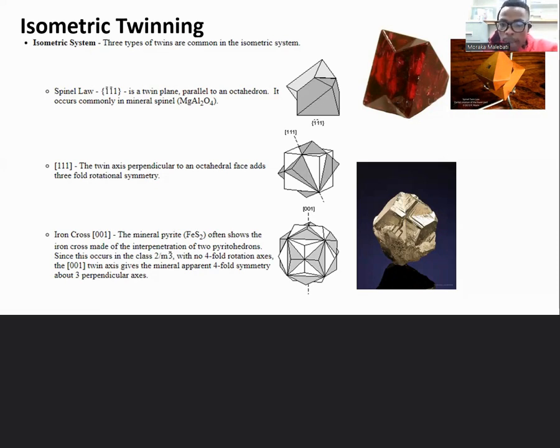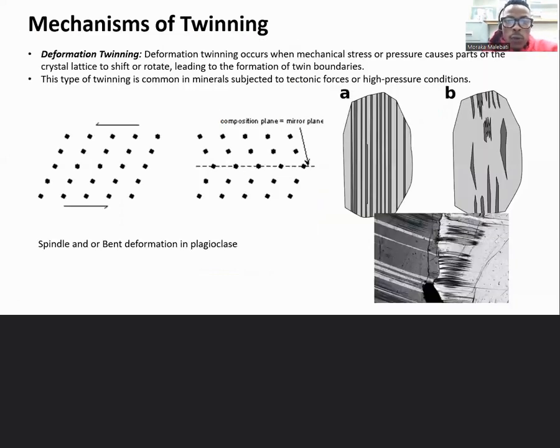So these are blocks of pyrite, and when they penetrate each other, they form the iron cross with the axis 001. So you need to understand these types of twinning. Now, mechanism of twinning, that is to say, the processes or the manner in which twinning can happen.